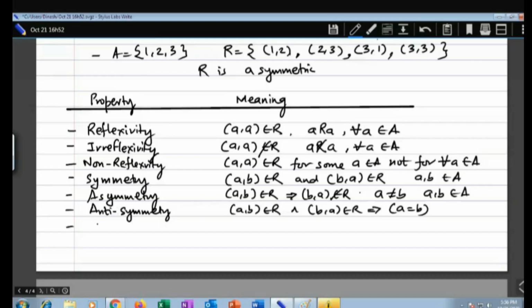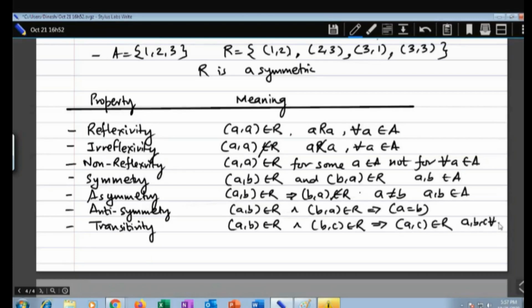And the last one is transitivity. (a, b) is in R and (b, c) is in R implies (a, c) is in R for a, b, c in A.